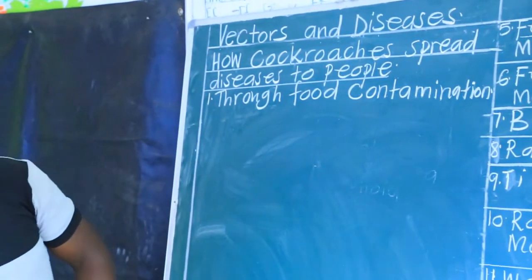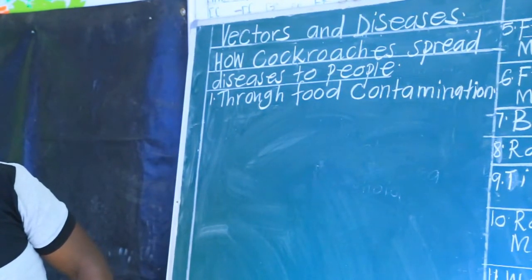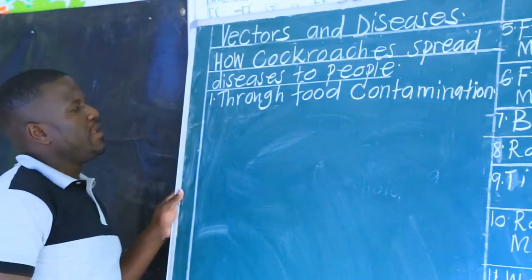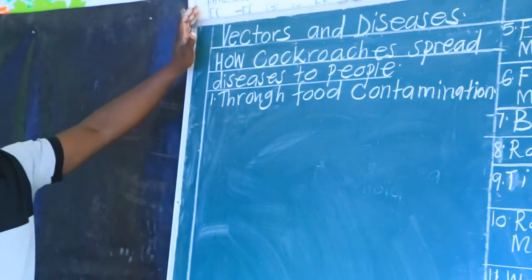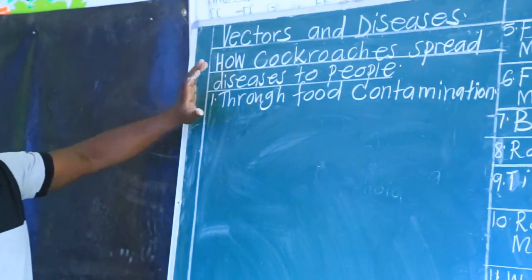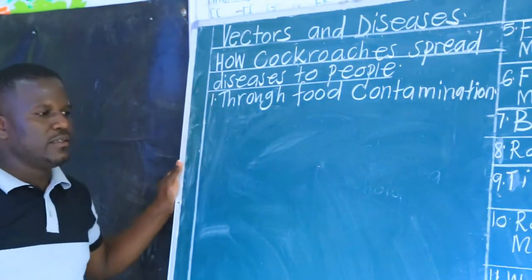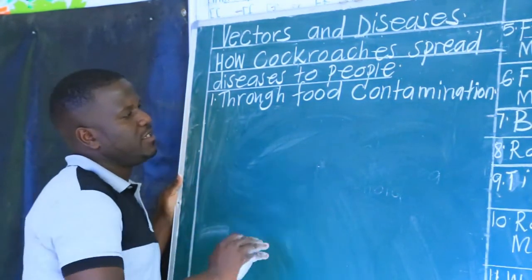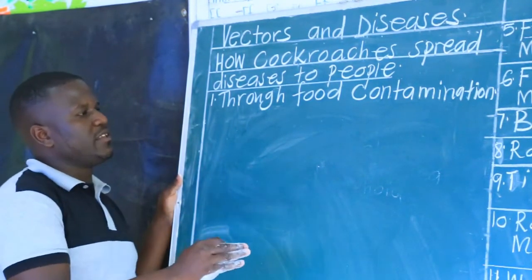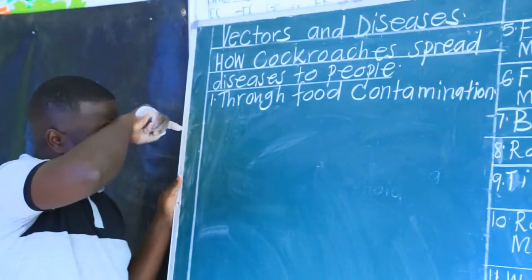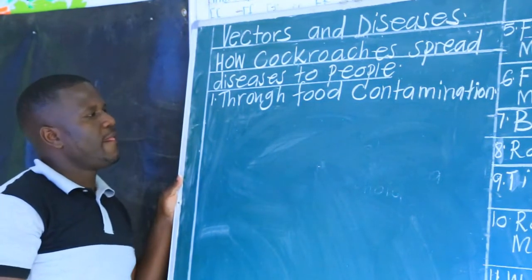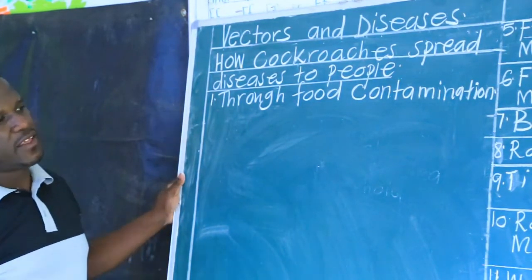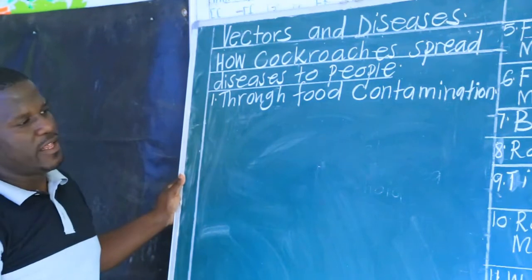When cockroaches come to the food, because they have a hairy body, they are able to contaminate the food, and once you eat that food contaminated by cockroaches, then you get diseases like diarrhea, typhoid, cholera, dysentery.